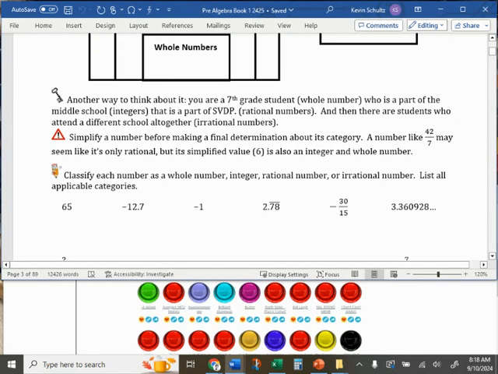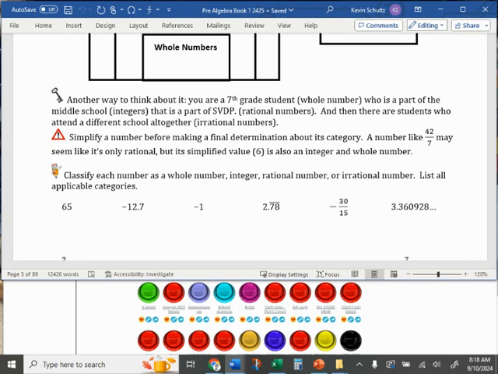Another way to think about this, if this whole box picturesque thing doesn't quite work for you: you are a 7th grade student, right? That's kind of like your most specific role in this school. You're like the whole numbers, okay? You're part of the middle school, which includes the 8th graders, right? When we talk about middle school, we talk about 7th and 8th graders together, but the 8th graders are not 7th graders, okay?